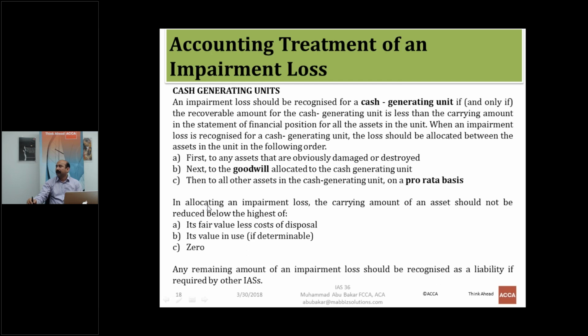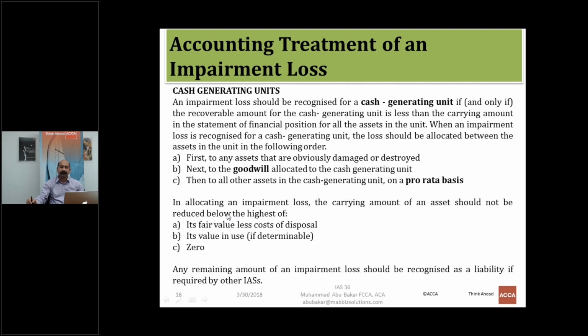But while you are allocating impairment loss to the asset, make sure you do not reduce that asset below the highest of its fair value less cost of disposal, its value in use, and zero.